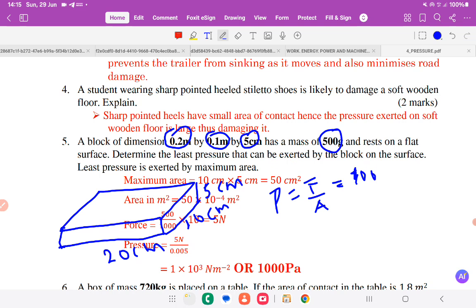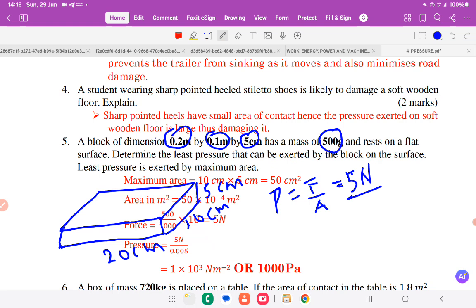That means 500 grams would be 5 newtons. Okay, you have to be careful there. So this is 5 newtons.